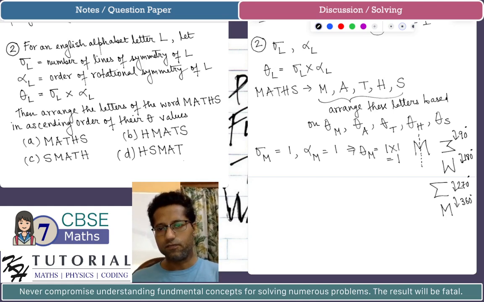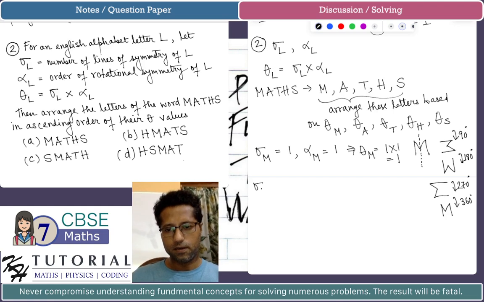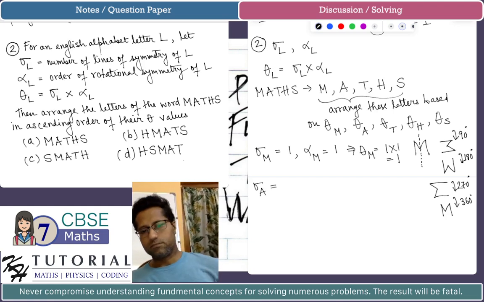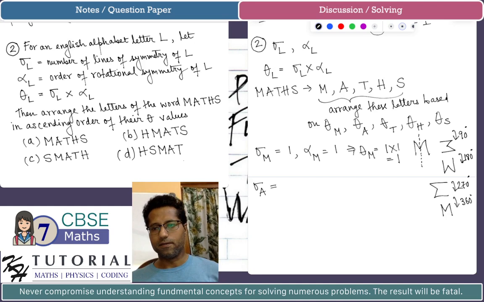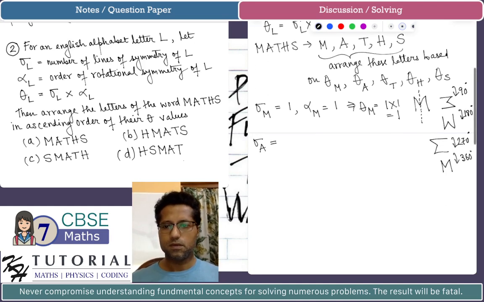So like this, we have to find all the theta values for all the letters M, A, T, H, S. Let's do A. What is sigma A? That is the number of lines of symmetry of A. So we know that this is the letter A. Definitely, the only line of symmetry is the vertical line.